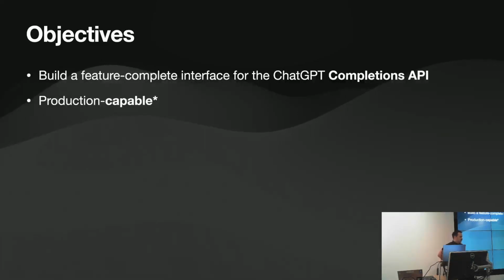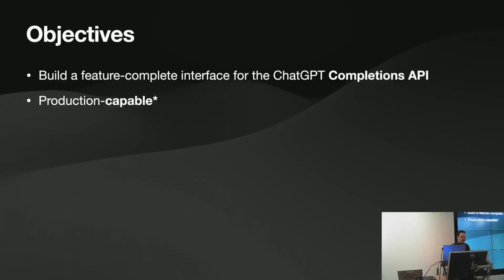So the focus was to build a feature complete interface for the ChatGPT completions API. Essentially building an interface that resembles the ChatGPT production interface and getting as many features in there that it could potentially be deployed to production with a little bit more work, but just enough to demo the core features and concepts.